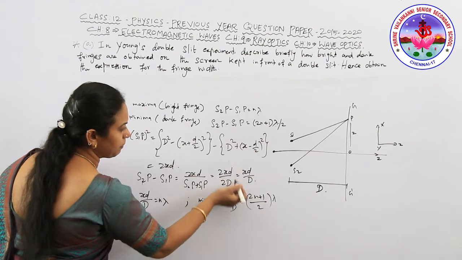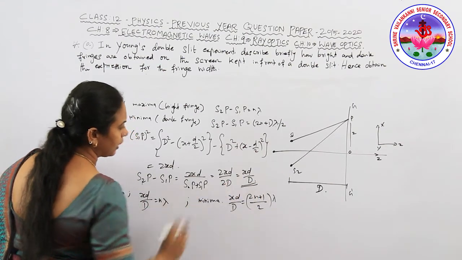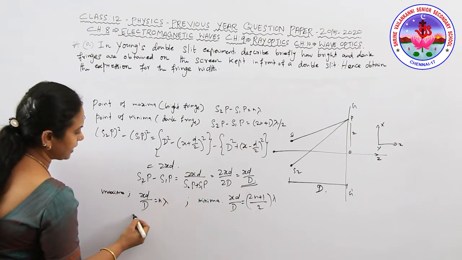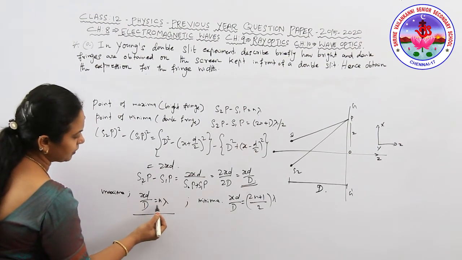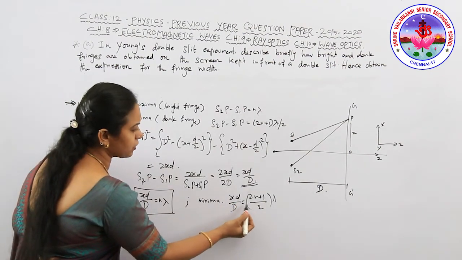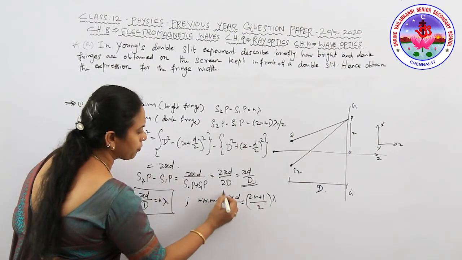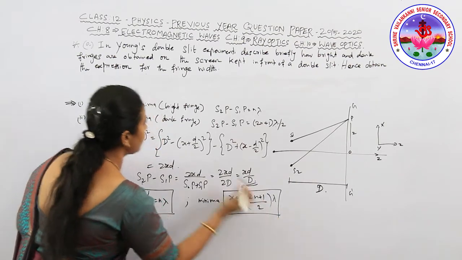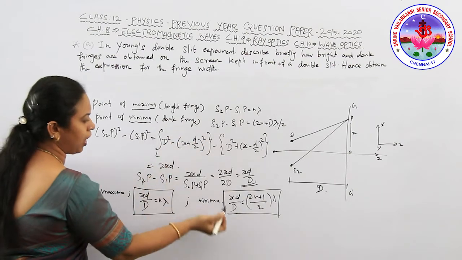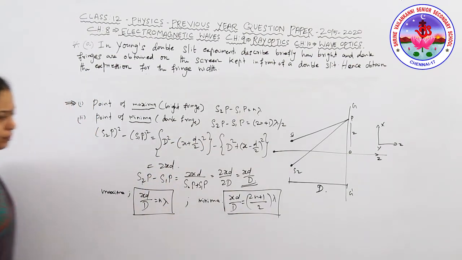So you will get, by simplifying it, xd by D. And for the maxima, xd by D is equal to n lambda. And for the minima, xd by D is equal to (2n plus 1) by 2 lambda. So these are the conditions for the maxima and minima, the bright fringes and the dark fringes we are getting.